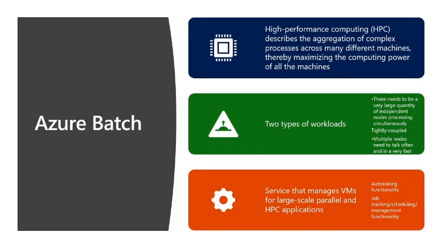So you use Azure Batch to run large-scale parallel and high-performance computing batch jobs efficiently in Azure. Azure Batch creates and manages a pool of compute nodes, which are also called virtual machines, installs the applications you want to run, and schedules jobs to run on those nodes.